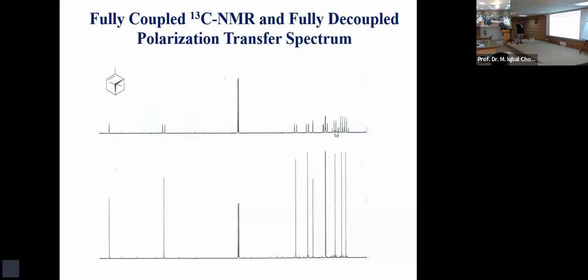That small molecule has 10 carbons, and these 10 carbons are all split because of attached protons. So CH3 appeared as a quartet, right? 4 different signals. CH2 appeared as a triplet, CH appeared as a doublet, and quaternary carbon appeared as a singlet, right? So you see a spectrum like this. Fully coupled spectrum, explainable on the basis of the n+1 rule.